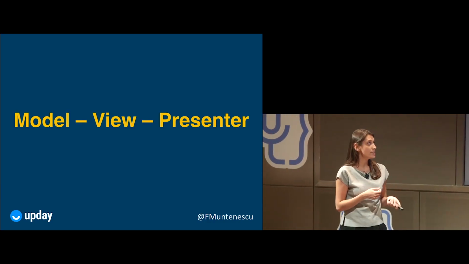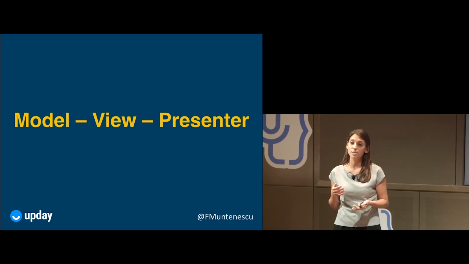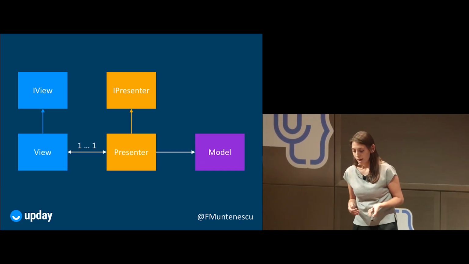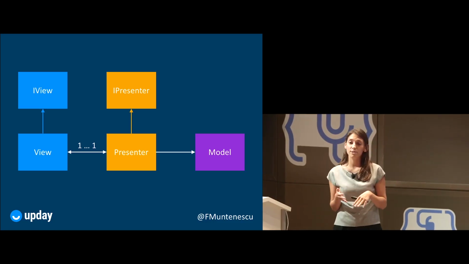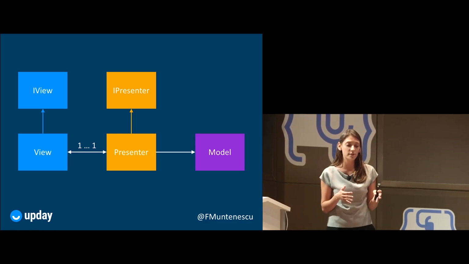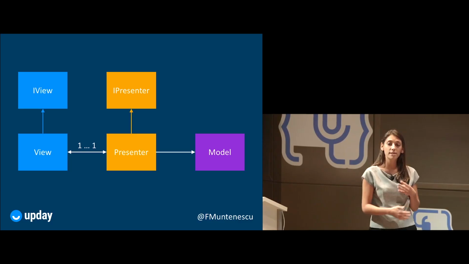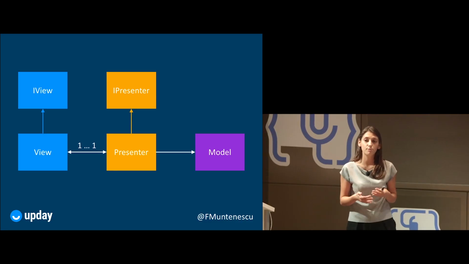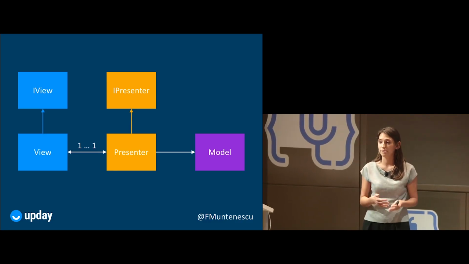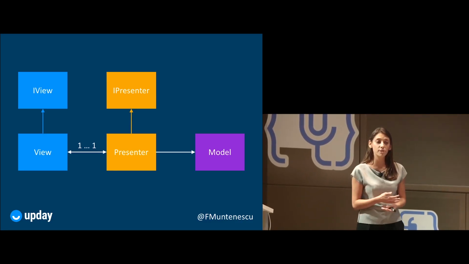Well, actually, this is the model view presenter pattern. In model view presenter, we have a view that has a reference to the presenter and a presenter that has a reference to the view and tells the view what to display. Also, the view notifies the presenter about the user actions, and based on this, the presenter decides what should happen next: if the model should be updated, if the view needs to be updated.